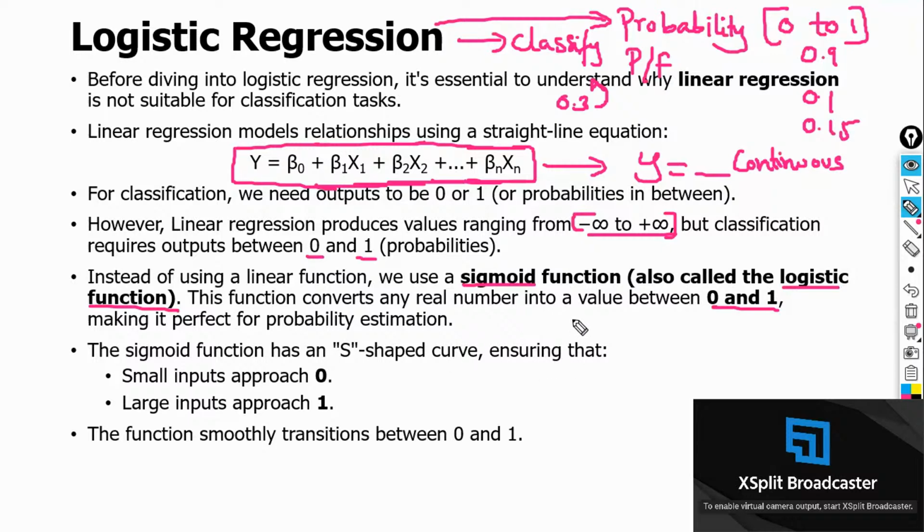By default, it takes a threshold of 0.5. If the value is less than 0.5, it assigns class 0, and if it is greater than 0.5, it gives class 1.